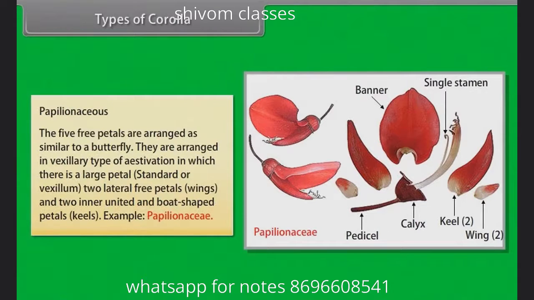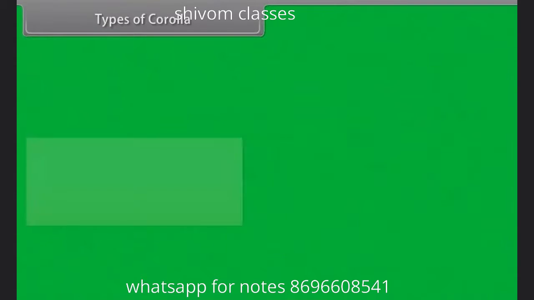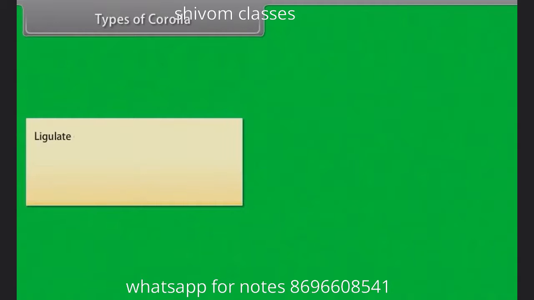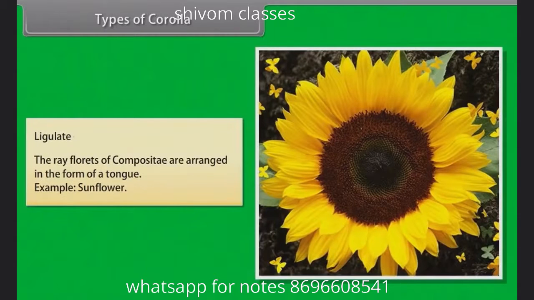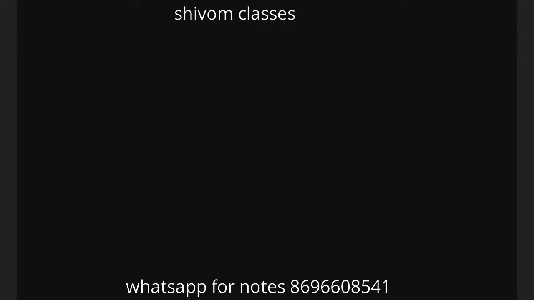They are arranged in vexillary type of estivation, in which there is a large petal, standard or vexillum, 2 lateral free petals, wings, and 2 inner united and boat-shaped petals, keels. Example, Papilionaceae. Ligulate. The ray florets of composite are arranged in the form of a tongue. Example, sunflower.